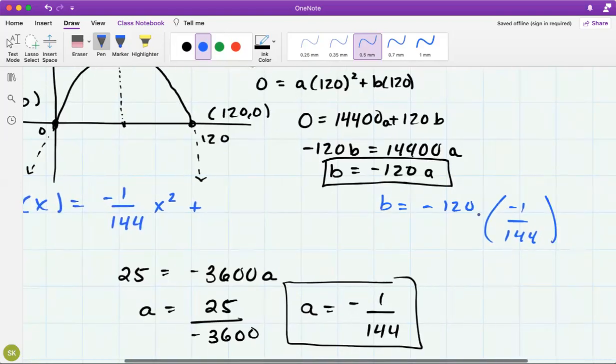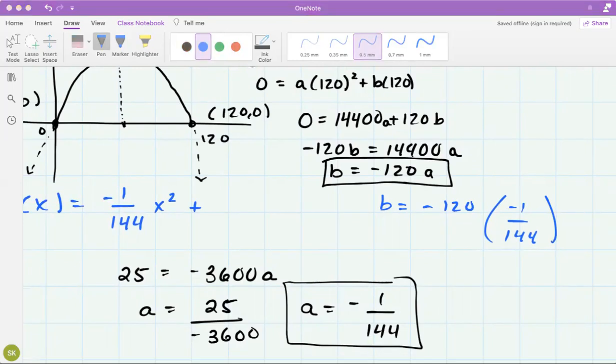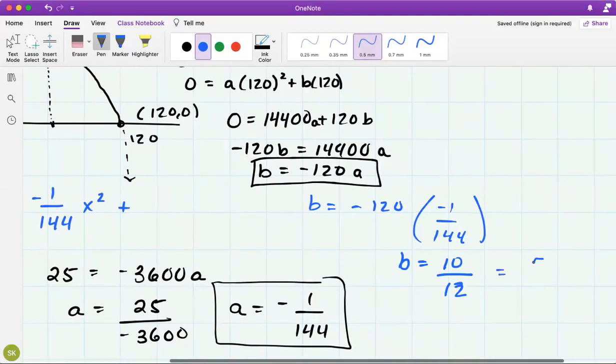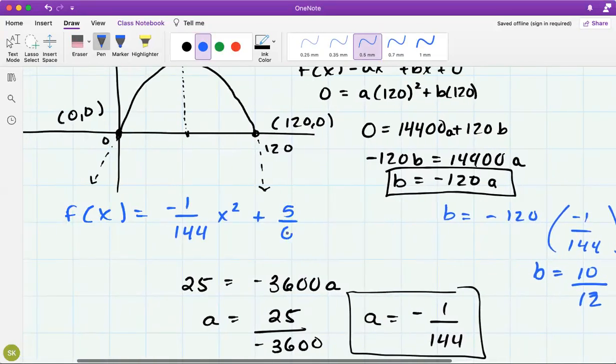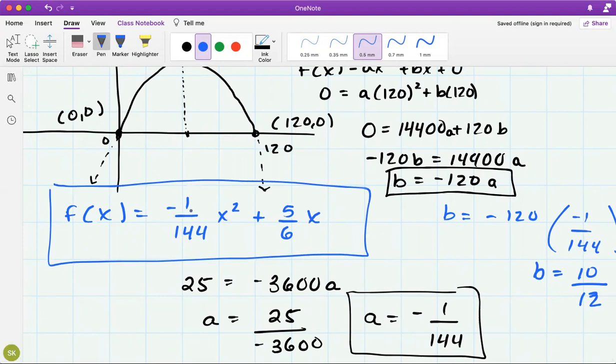These are both divisible by 2, and by 4. Let's divide both by 12. So b is equal to 10 over 12, and then we can divide by 2 and get 5 over 6. So b simplifies to 5 over 6, and I'm going to put that there, and then plus 0. So here is the equation for our parabola.